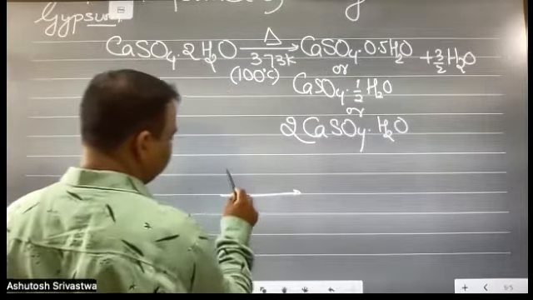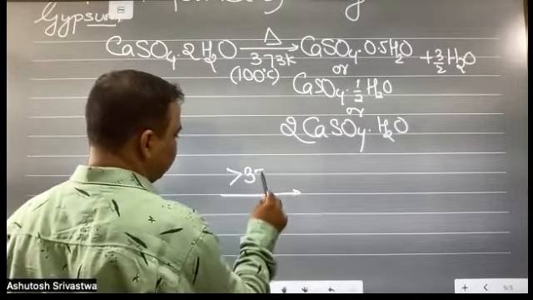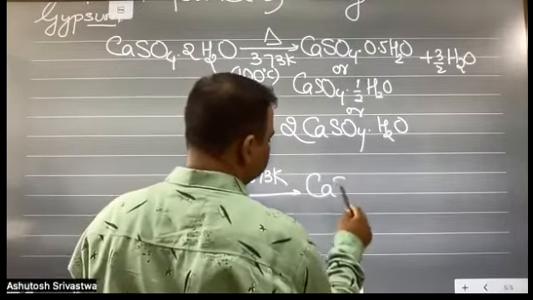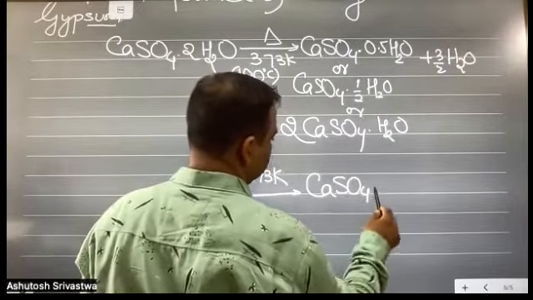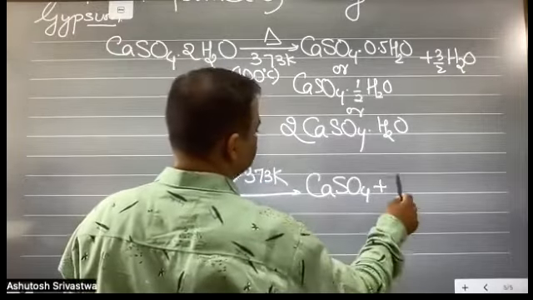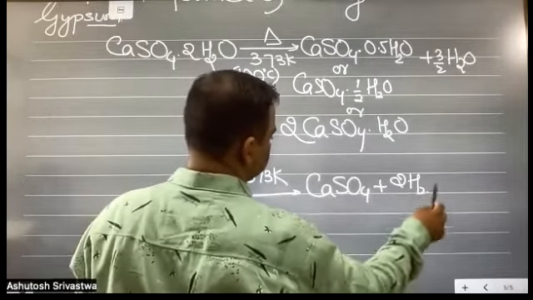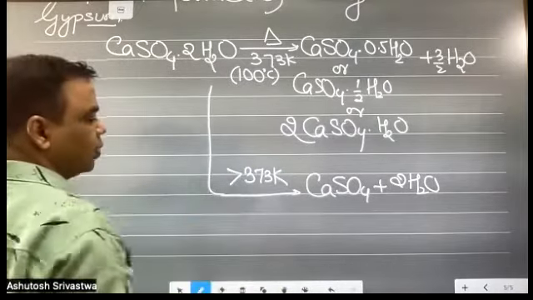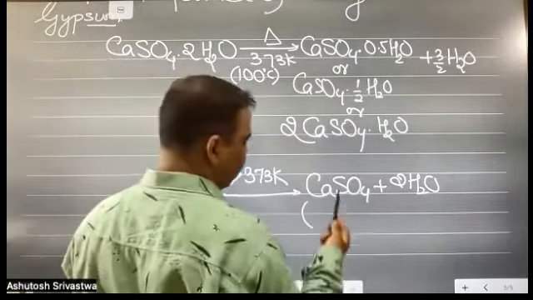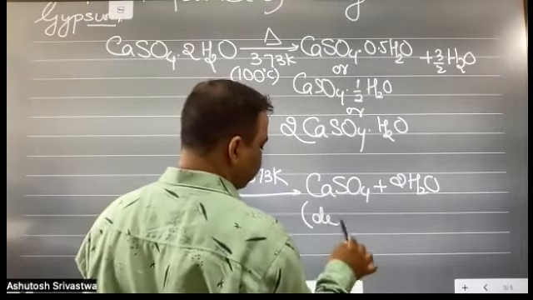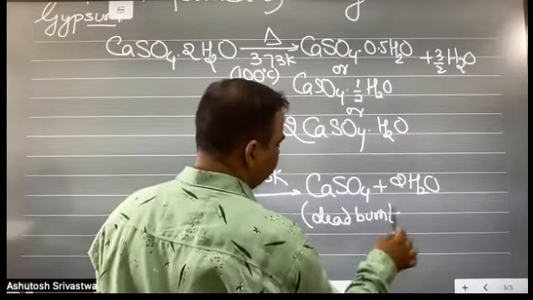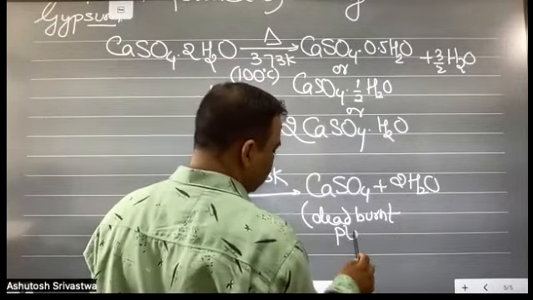So if the temperature exceeds 373 Kelvin, we will get CaSO4 plus all the water, that is 2 water, will be evolved instead of this one. So this is called anhydrous calcium sulfate, also called dead burnt plaster. Why is it so?